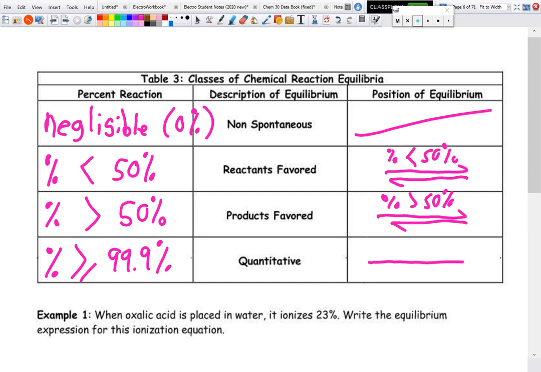This is the only time you're going to see a single arrow. This is why when we did stoichiometry in the past, we always used a single arrow to communicate that the reaction went to 100%. This is just how they look, specifically for position of equilibrium. Our next few examples are just going to look at how we're actually writing out the reactions.